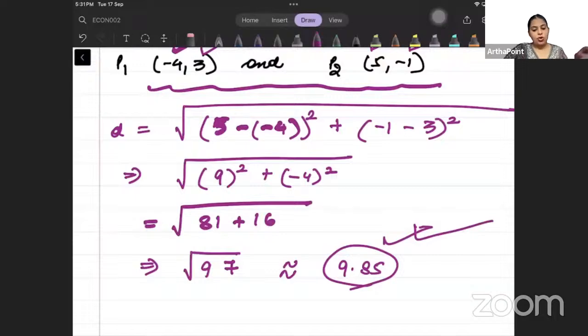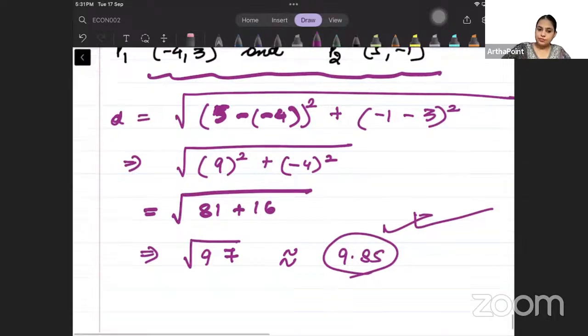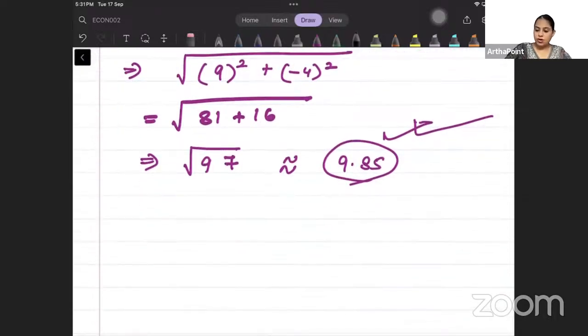Now let us go ahead and talk about the equation of a circle. I have already explained it, but let us talk about it again.